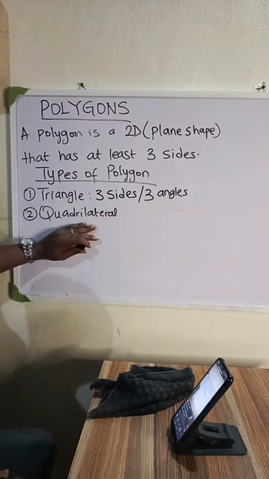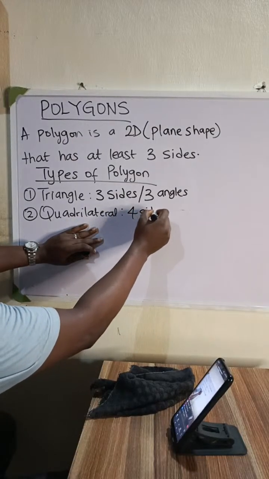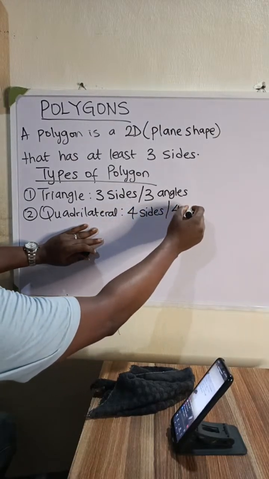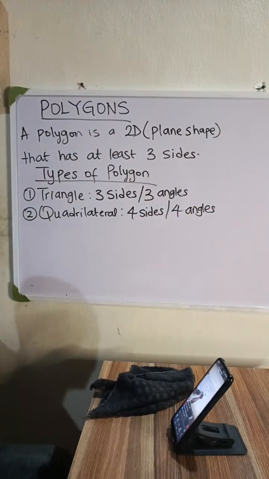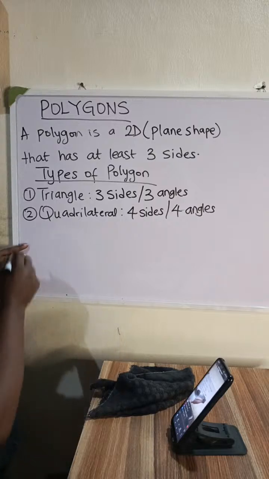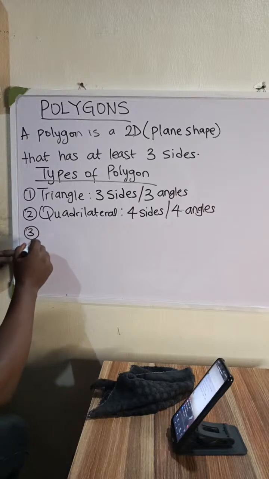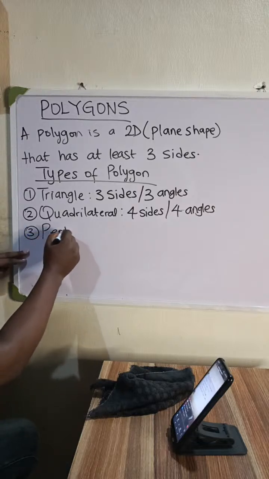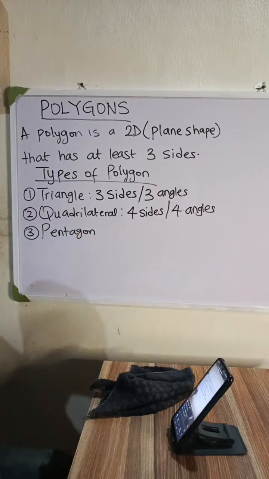A quadrilateral is any polygon that has 4 sides and 4 angles. The next we're going to consider is a pentagon. A pentagon is a polygon that has 5 sides and 5 angles.